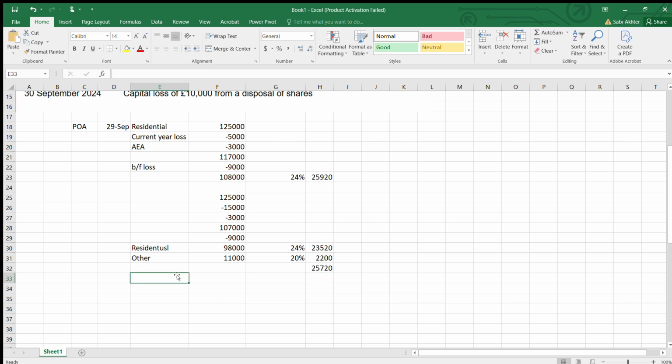This is when 31st Jan 2026. Here you have to deduct payment on account. This one. Remember 29 September, this payment on account you have to deduct from here. Minus 25,920.